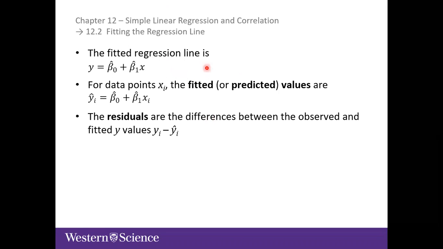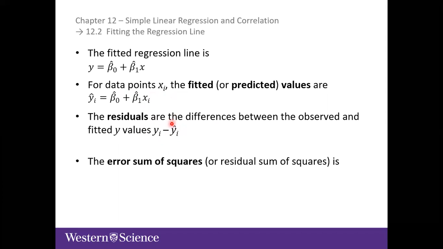The fitted regression line can be expressed as y equals the point estimate of the intercept plus the point estimate of the slope times x. For a given particular data point xi, the fitted value is simply given as in this one. For this data point, we can define the regression residual, which is essentially the data point minus the predicted value at that value of x.